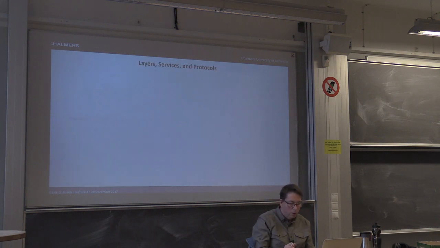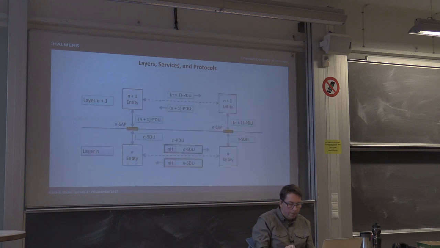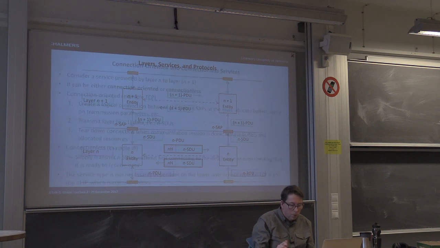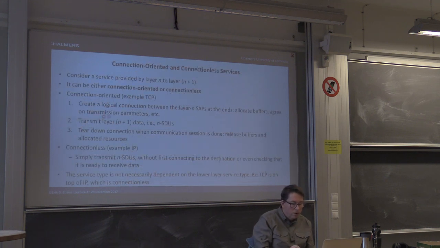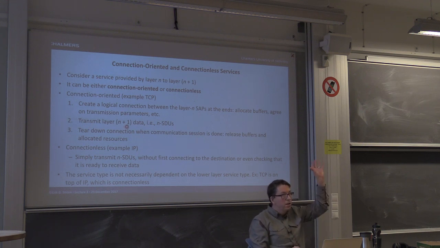Okay, so create a logical connection between the SAP at both ends. If I'm layer N, I provide a logical connection between this SAP and this SAP by interacting with my friends on the other side. Then once this is done, step one is done, I start to actually accept data from above, which is these service data units from my perspective.